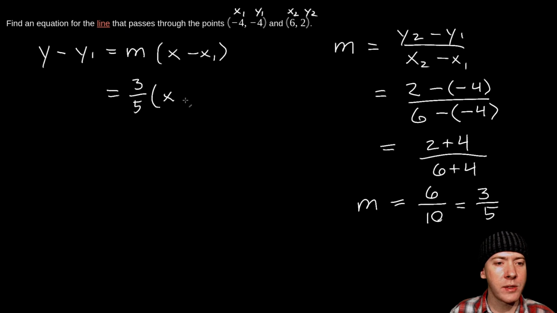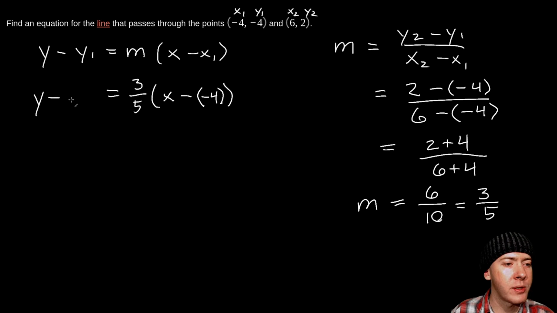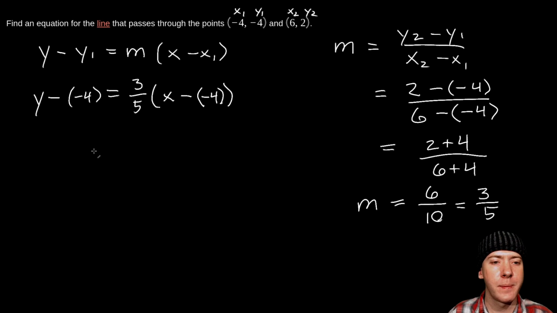Then we have x minus, and I'm going to put a pair of parentheses where x1 is going to go. Because x1 is negative 4, this is going to let us keep track of our double negative sign. Then over here on the left-hand side, we're also going to open up a pair of parentheses to put in negative 4 for y1. Okay.